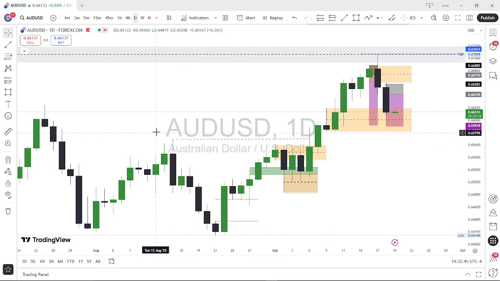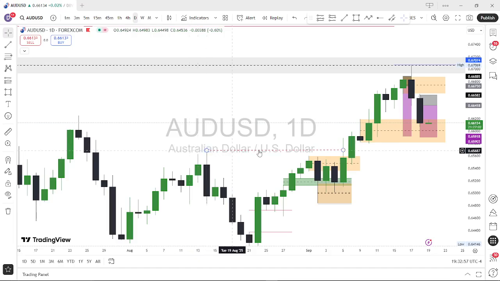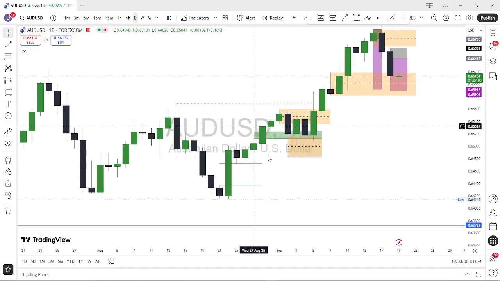So as we all can see, this is the AUD, the Australian dollar versus the US dollar.